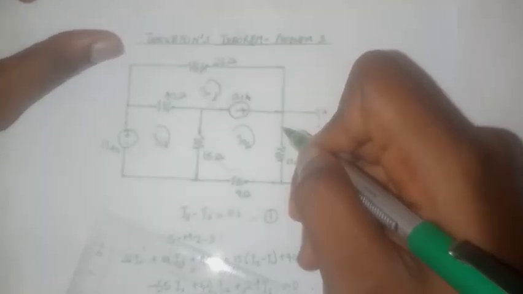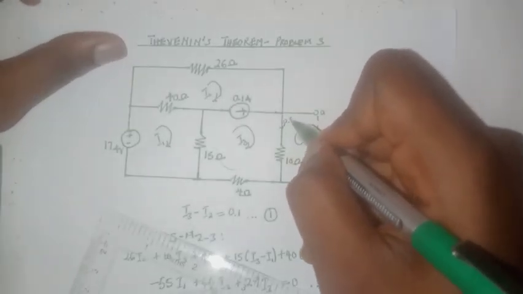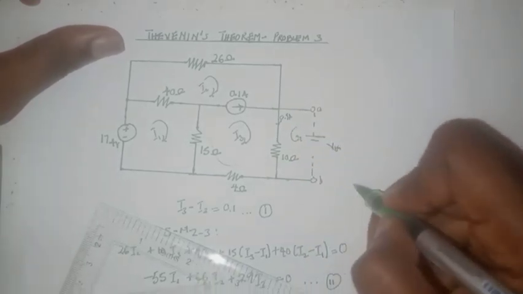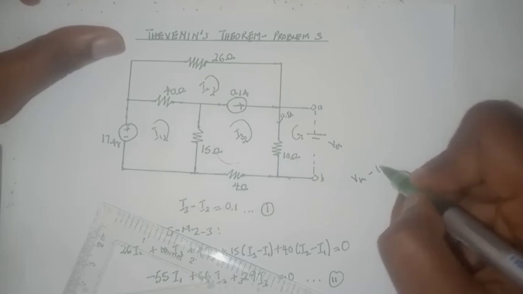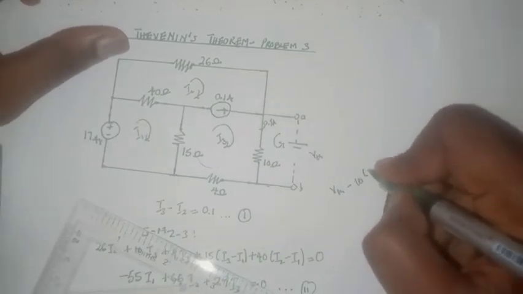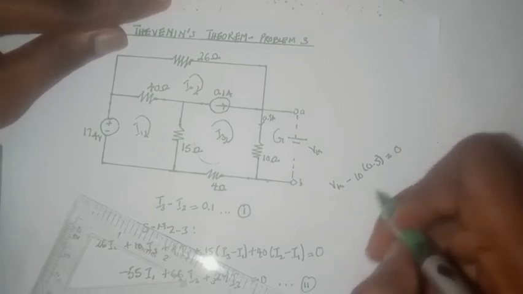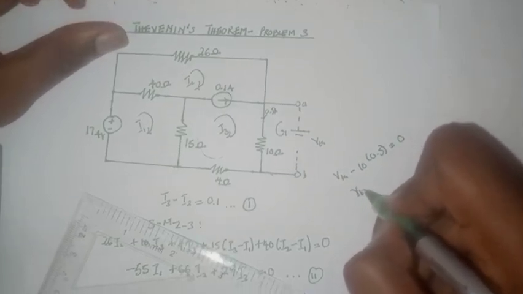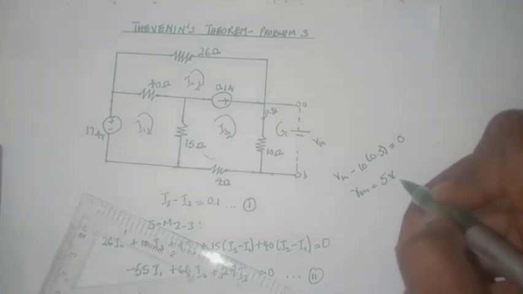We know that the current flowing in this direction is I3, which is 0.5 amperes. So we can say that VTH minus 10 into 0.5 equals 0. Then with that, we can say that VTH is equals to 5 volts.